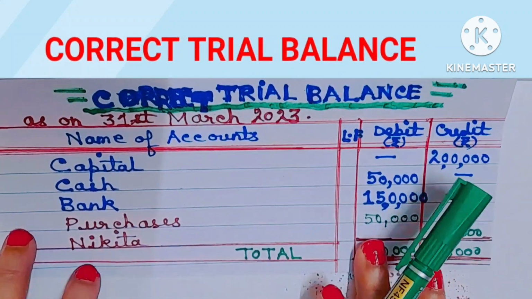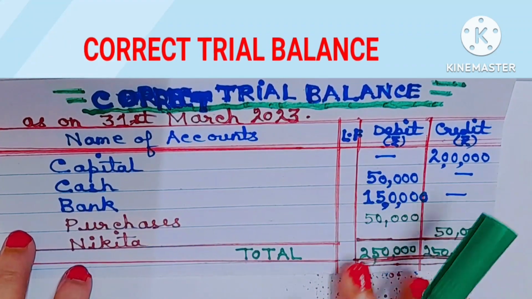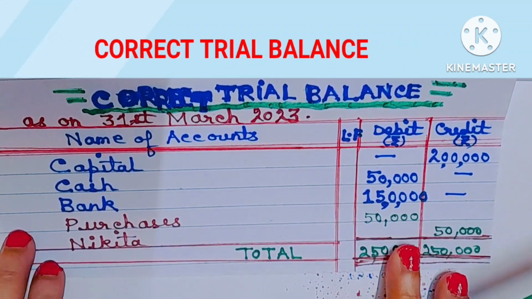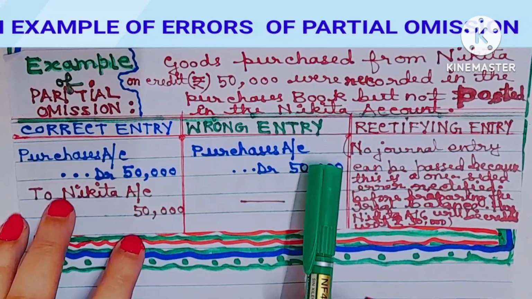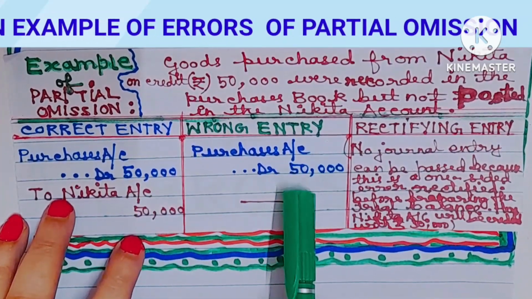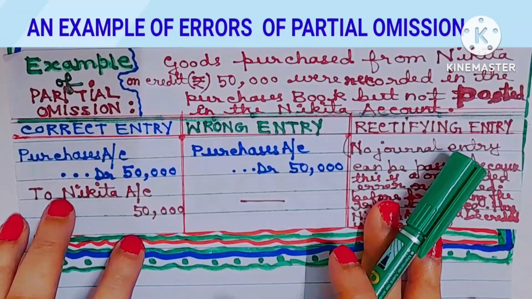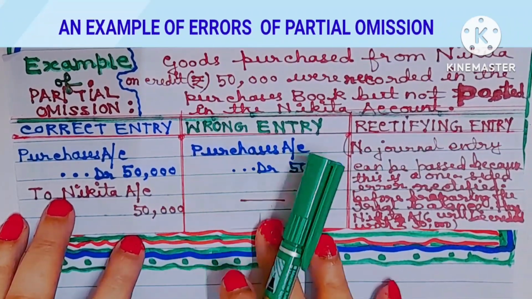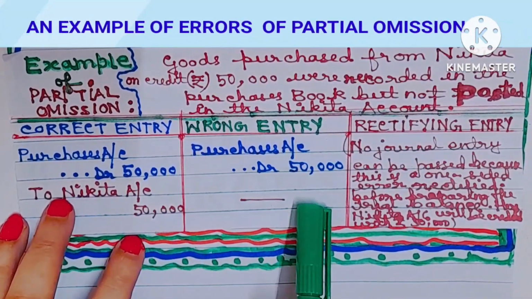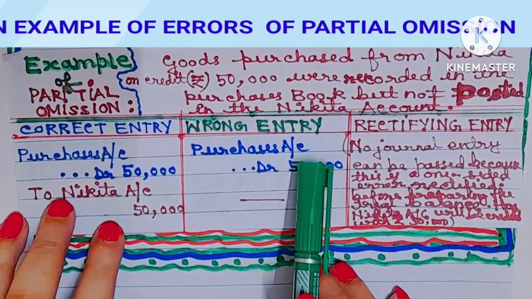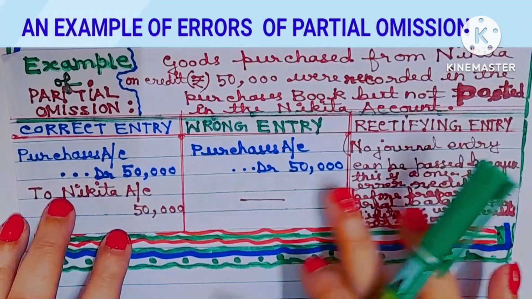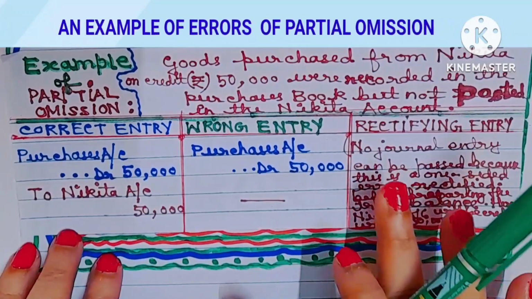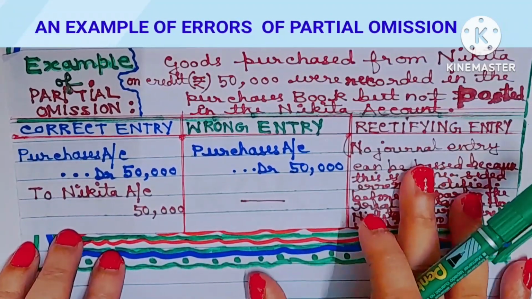In the partial omission, only purchases account has been recorded, rupees 50,000 on the debit side, but there is no credit entry on the credit side. So let us record purchases account in the trial balance, 50,000, and see if this one-sided error will make the trial balance tally or not.